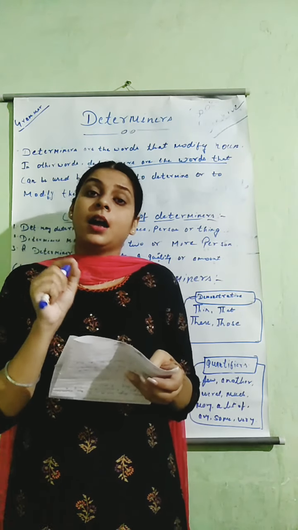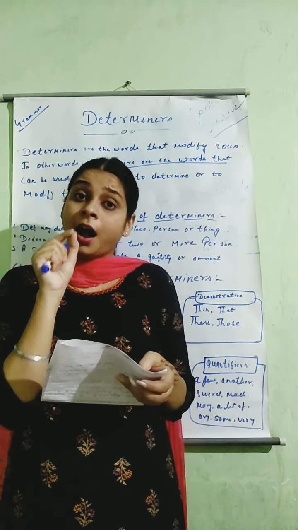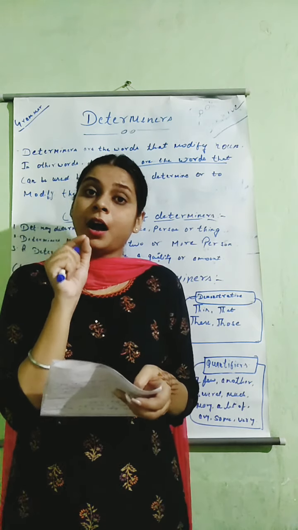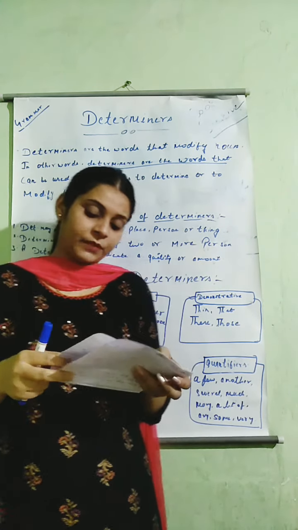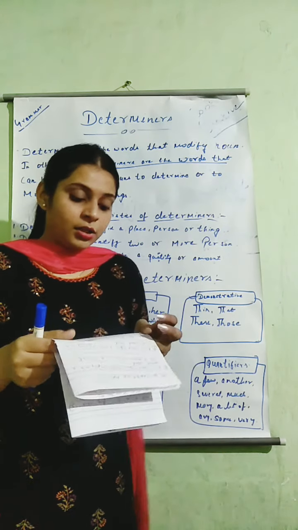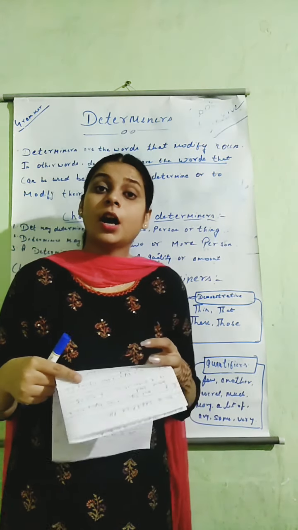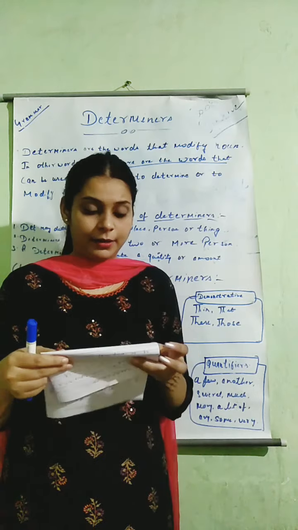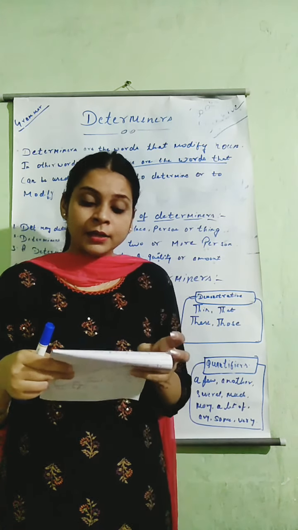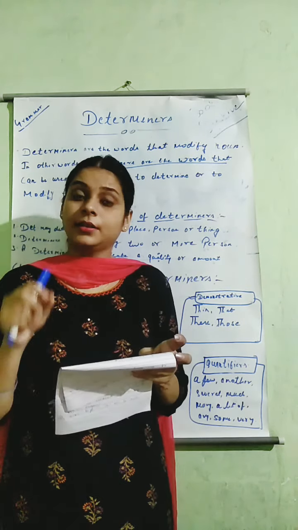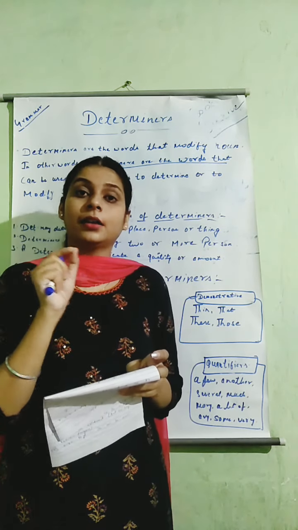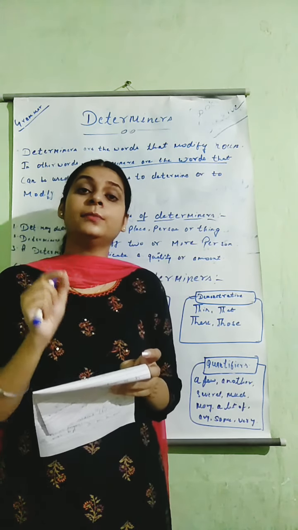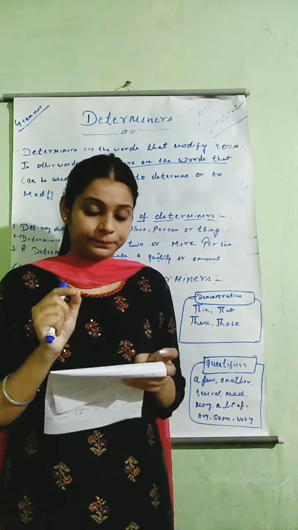In hour, the H is silent and there is the sound of O, so we will use an in this word. So we will see how to use a and an. The usage of a and an is determined by their sound.